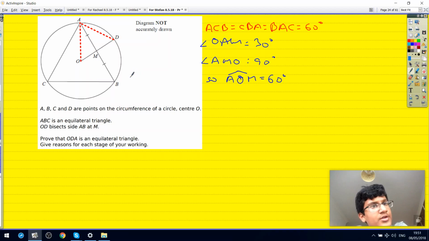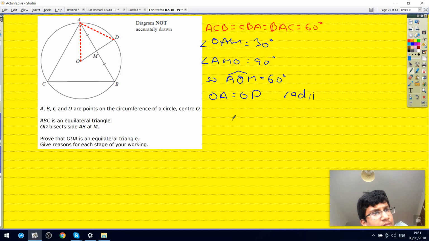Well, we know that AM and MB are the same, from the smaller triangle. And we know that OA and OD are the same because they're both radii. Those two are the same.